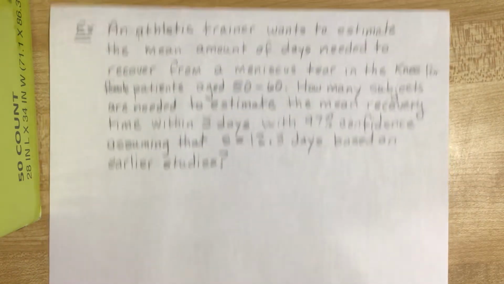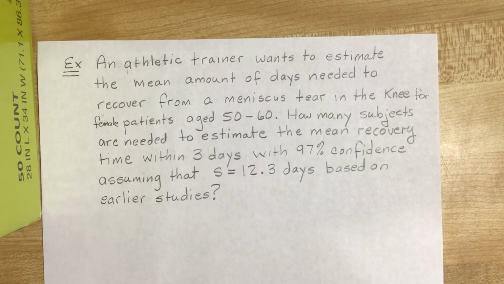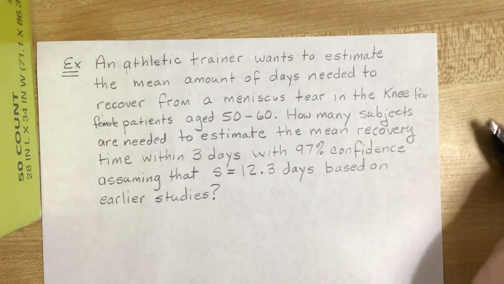So let's do an example. An athletic trainer wants to estimate the mean amount of days needed to recover from a meniscus tear in the knee for female patients aged 50 to 60. How many subjects are needed to estimate the mean recovery time within 3 days?